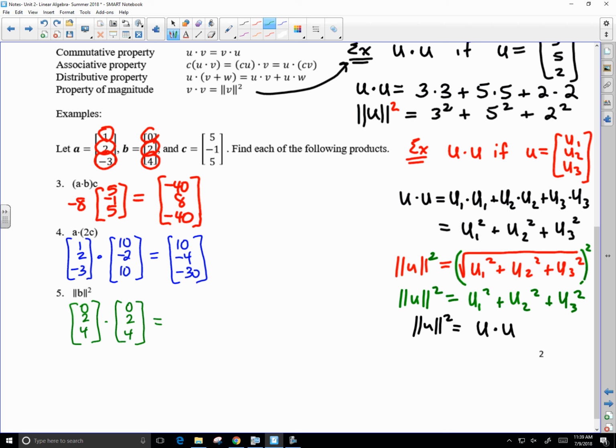So worst case scenario, you actually compute the magnitude and square it. But the better scenario would be if you know that the magnitude squared is equal to the vector dotted against itself. That would be even nicer. So 0 plus 4. I mean, you're going to end up with the same operations anyway. 16.